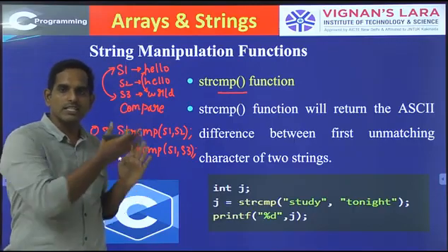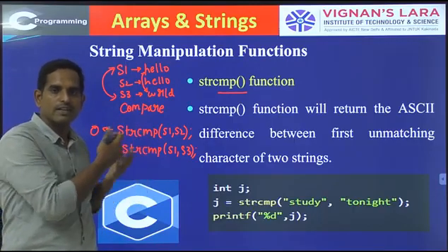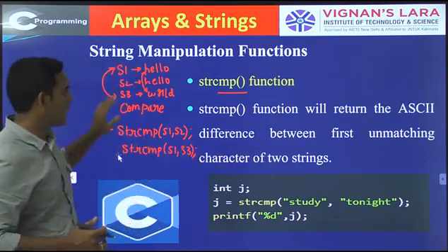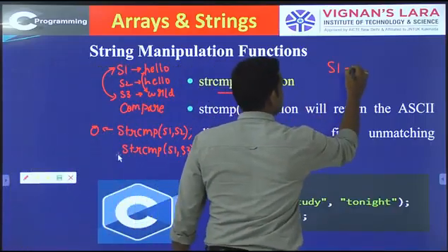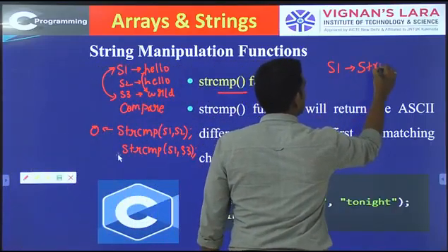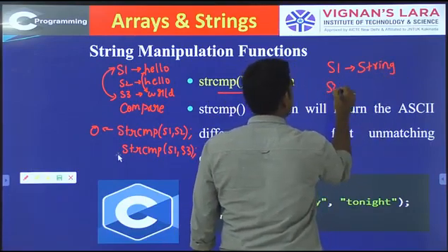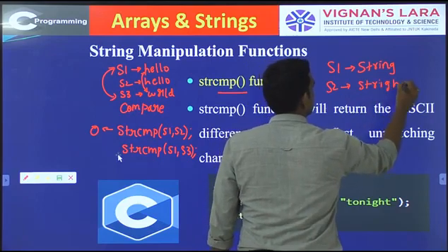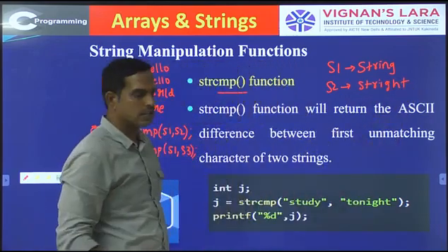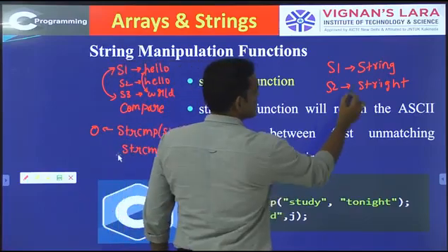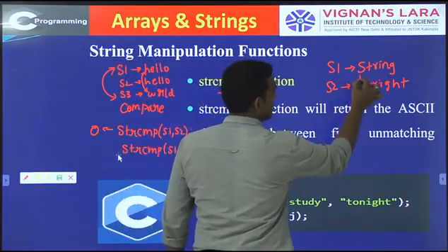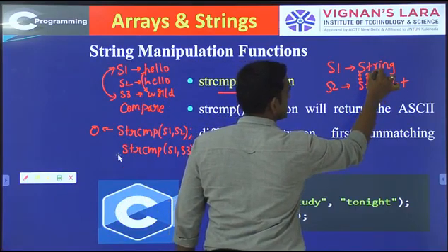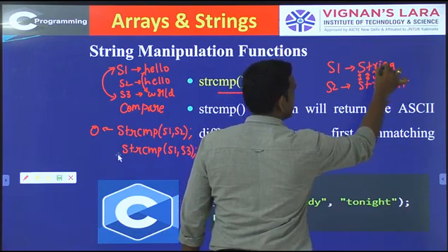What it is doing is comparing two strings and giving the result. So if S1 is one string and S2 is stride, just random characters, it will match the characters. S is same, T is same, R is same, I is same, but N and G are different.